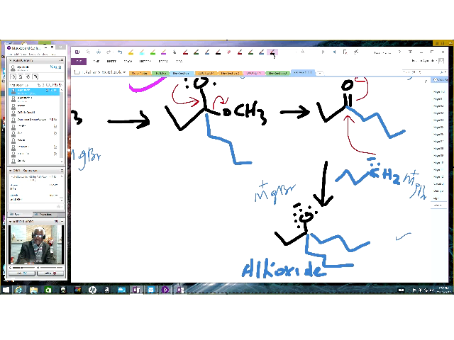Okay, so we have this here. Let us use a green color to show our hydronium ion. It's positively charged.